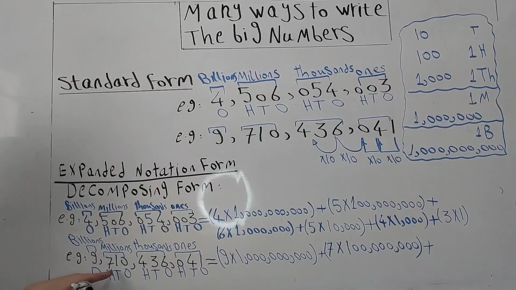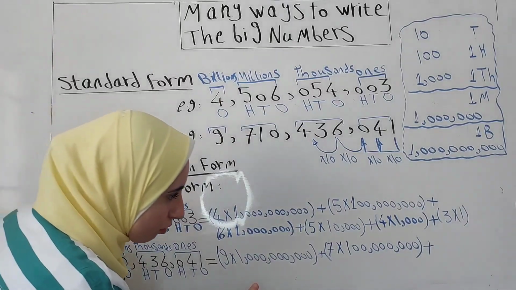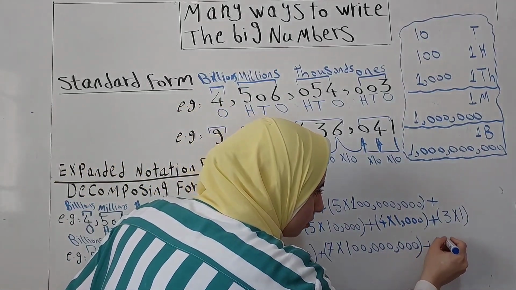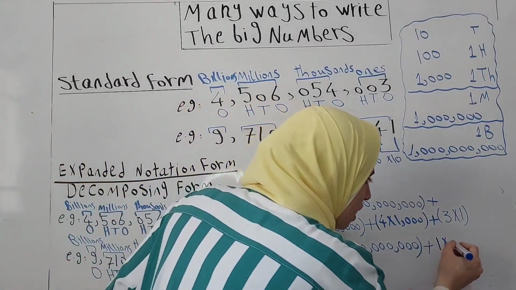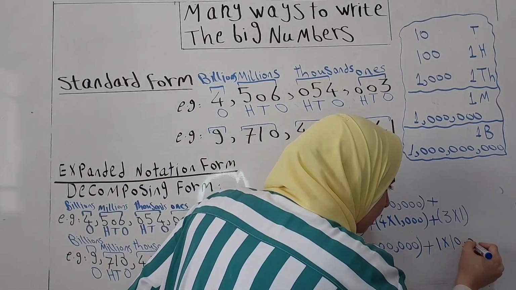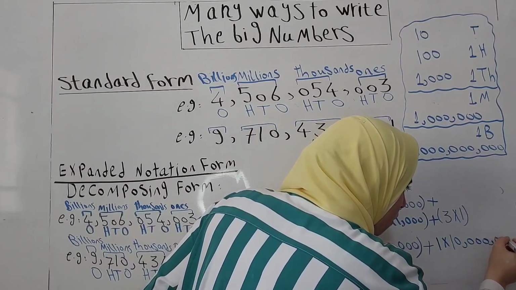The next digit is 1. 1 is in the 10 millions place, so we write 1 multiplied by 10 million. At first we write 10, then 6 zeros, 4 millions.